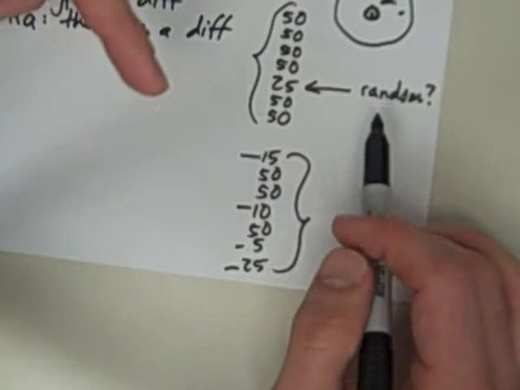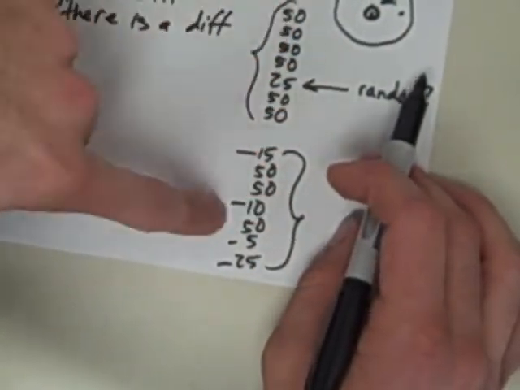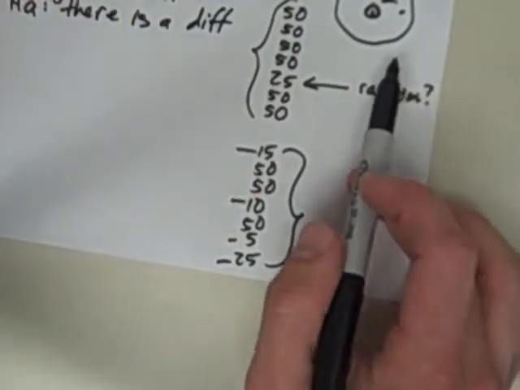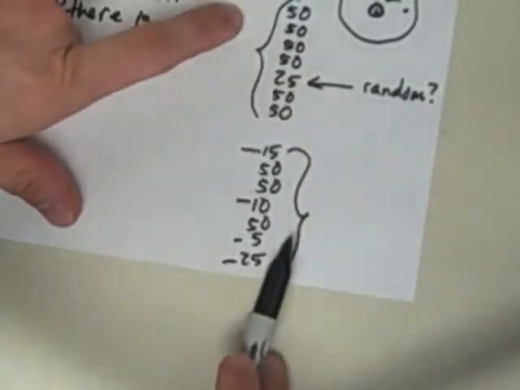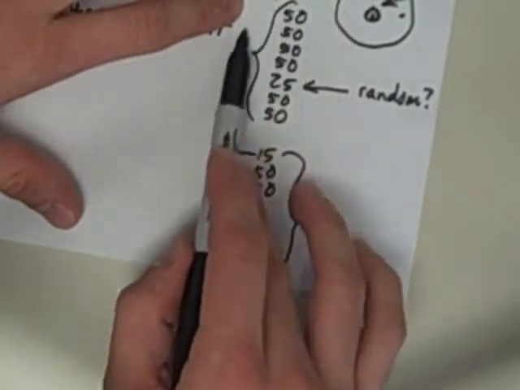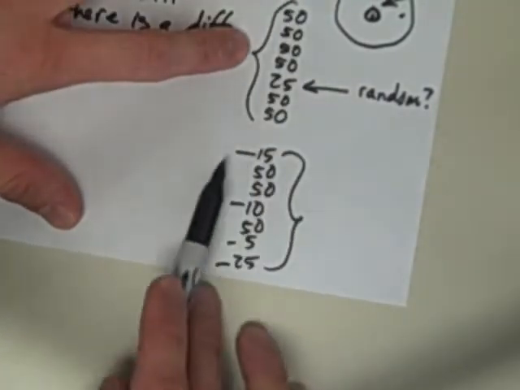Or is there now actually something significant that's changing these two data sets? That's the purpose of statistics. I'm looking at differences either between two sets of numbers or over time or whatever it is I'm looking at. What I'm trying to say is, are the differences here statistically significant compared to the differences here?